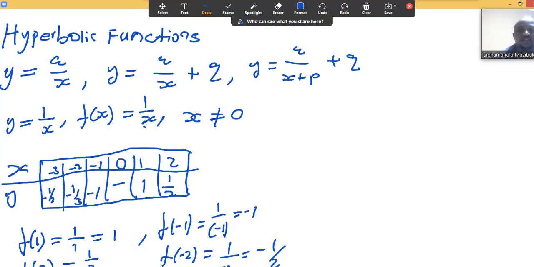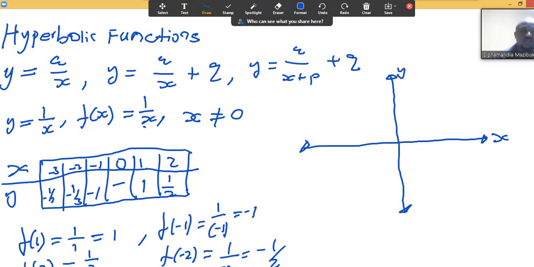Okay, so let's look at sketching that graph and see what the result will look like. Because this is a hyperbolic function, this is x, this is y, so we know that the graph will not be defined at x is equal to 0, so it will never touch this line here, x is equal to 0.